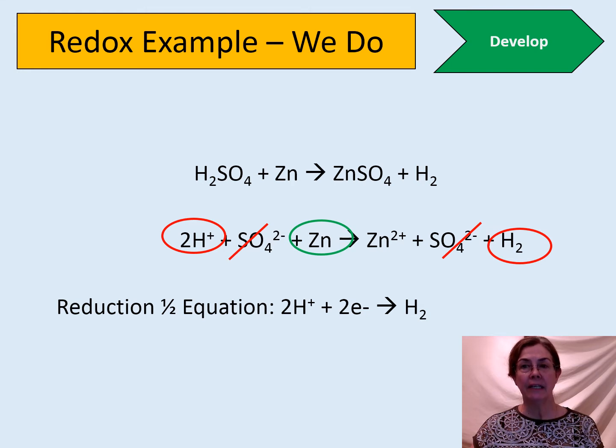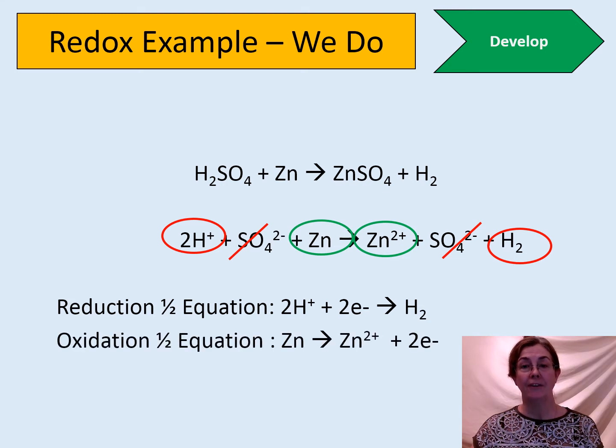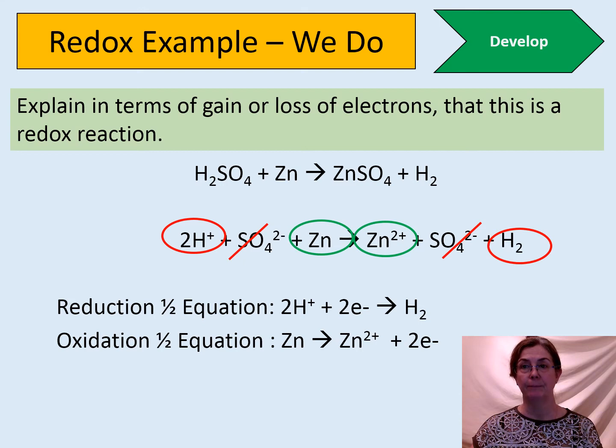We can see that the zinc element becomes zinc ions, and that's an oxidation half equation because the zinc atom spits out 2 electrons to give us zinc 2+ ions. So we can explain in terms of gain and loss of electrons what has happened in this reaction. And as you can see, the sulfate ions haven't changed. They're the same on the left hand side as they are on the right hand side, and they're spectator ions, so we don't have to write any equation for those whatsoever.